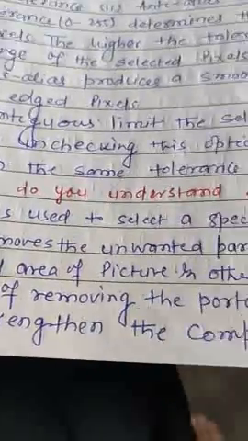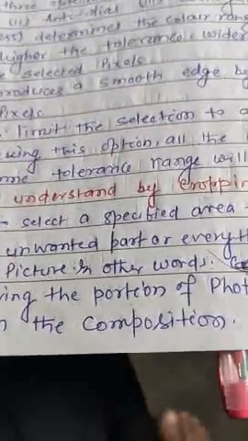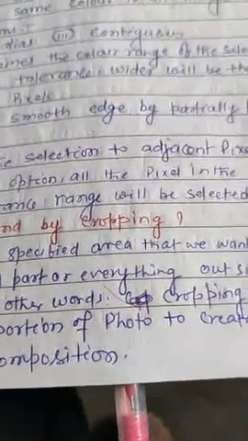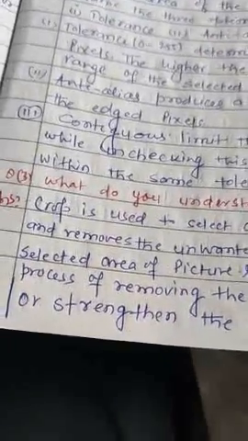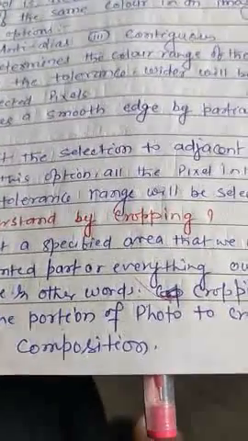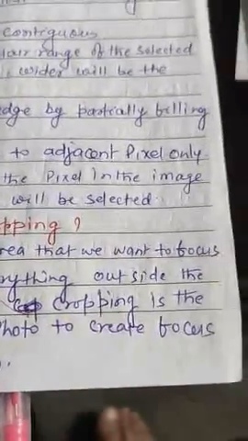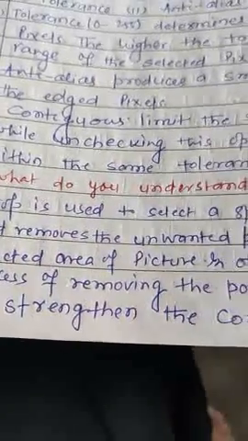Question 3. What do you understand by cropping? Cropping is used to select a specified area that we want to focus on and removes the unwanted part, everything outside the selected area of the picture.